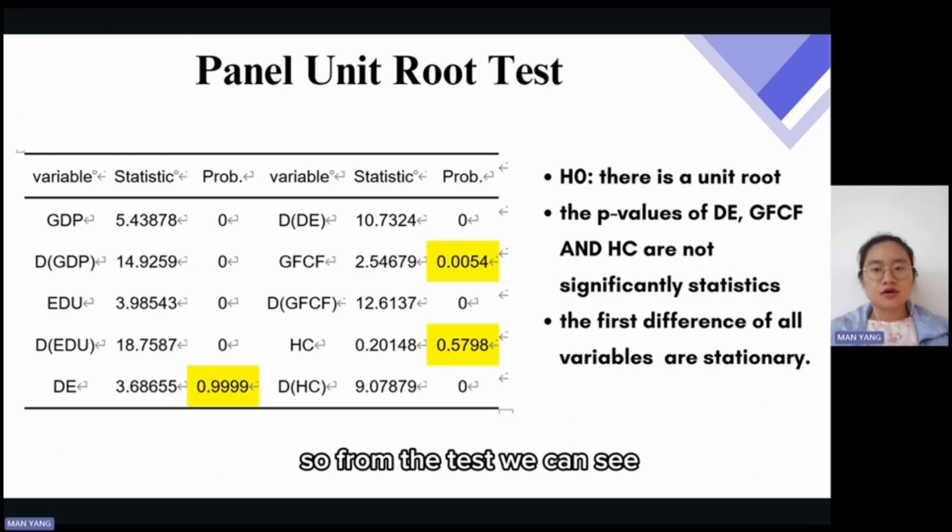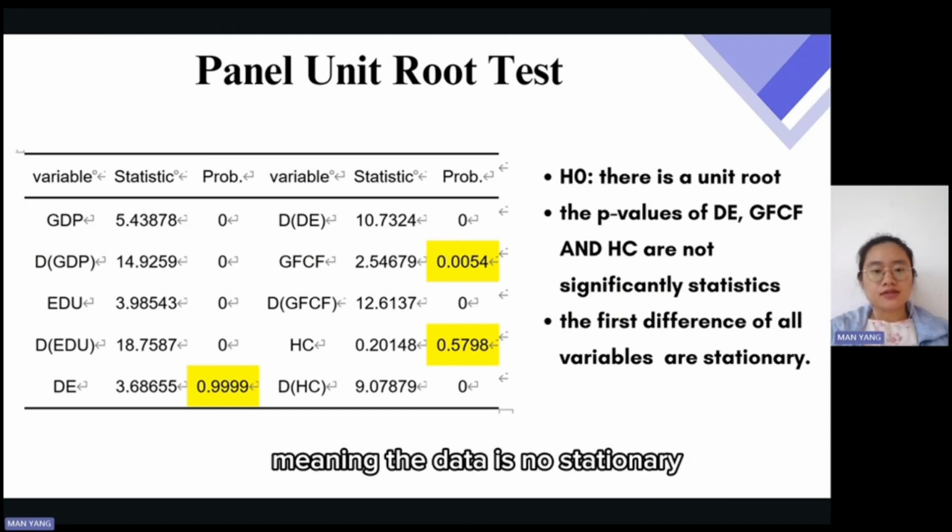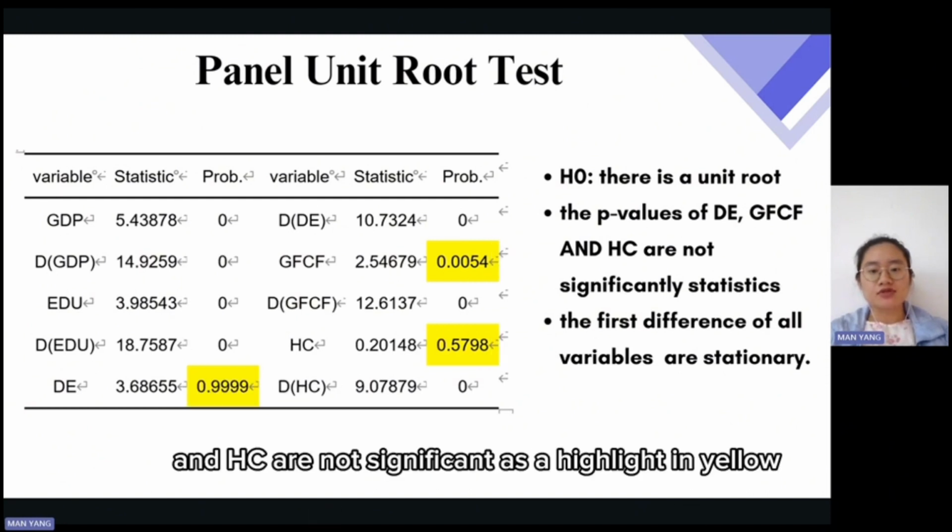From the test, the null hypothesis is that there is a unit root, meaning the data is not stationary. And from the result, we see the p-values for DE, GFCF, and HC are not significant, as highlighted in yellow.